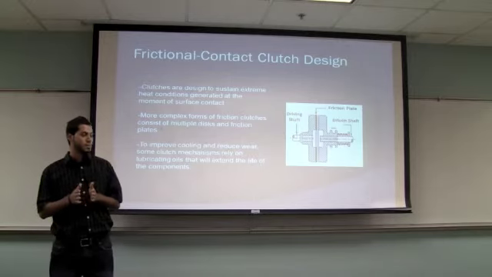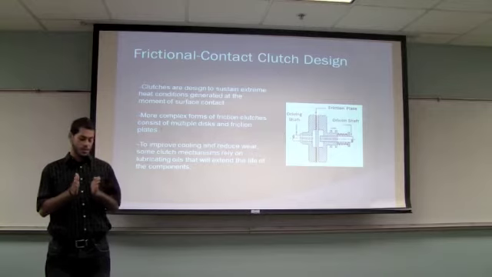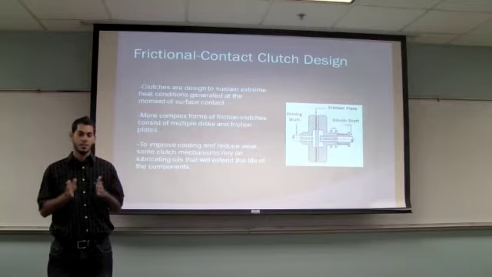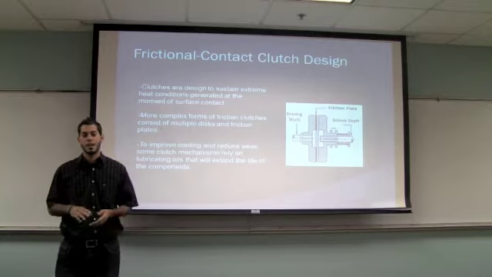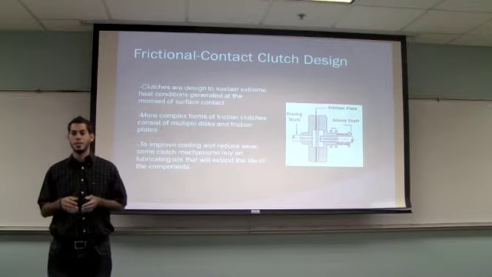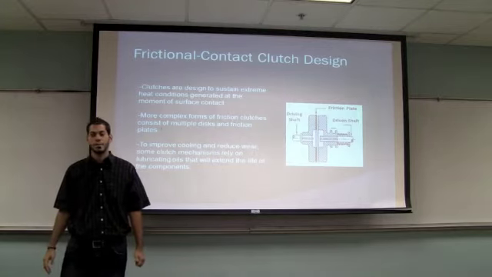During this process, there's what we call slippage, because the two main surfaces are rotating at different speeds. When this contact is produced, a lot of energy is lost through heat. Clutches are designed to sustain these extreme heat conditions generated at the moment of contact.